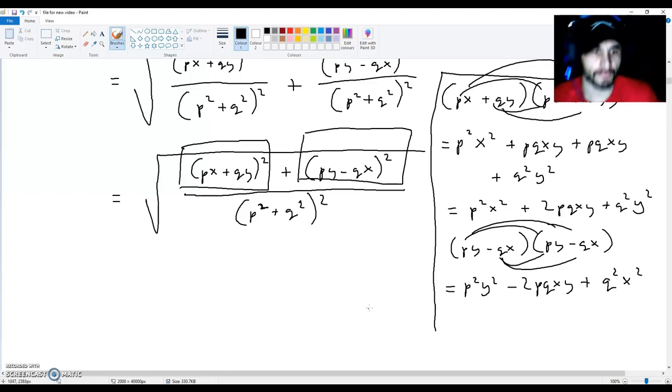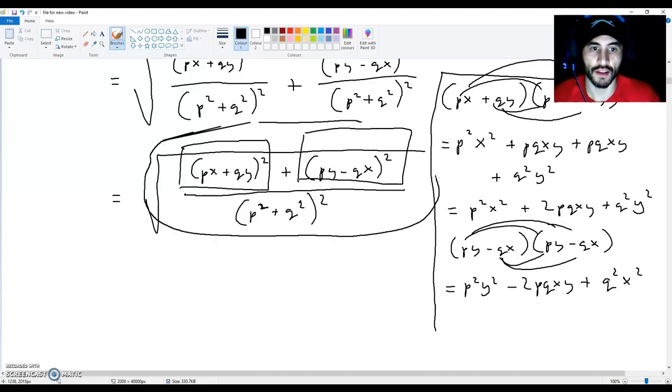Okay, so we know what this is and we know what this is, so we can simplify this massive beast over here even further and complete our proof.